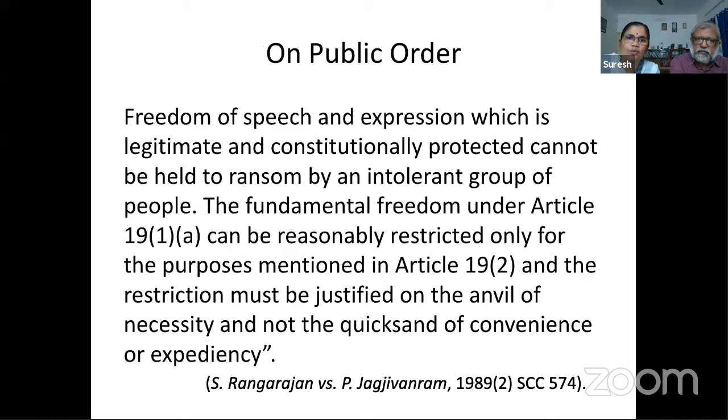That is why, in Rangarajan versus Jagjeevan Ram, the court said that if there is a crowd creating a law and order problem, because that's what the Tamil Nadu government argued, that if the film is screened then there are demonstrations and people threatening to break down the theater, etc., then it is for the state to protect and ensure that law and order is maintained, so that the citizens who are interested are able to exercise and enjoy their fundamental freedoms.